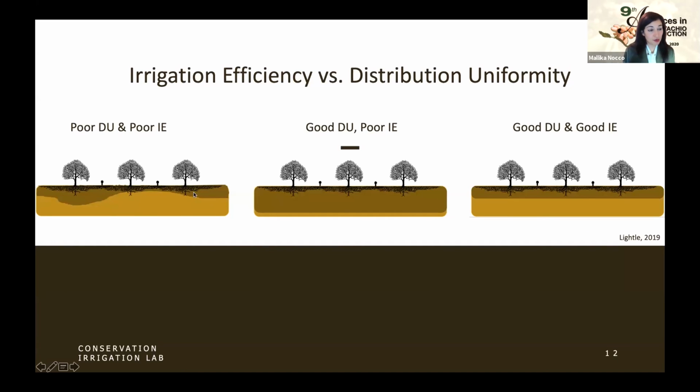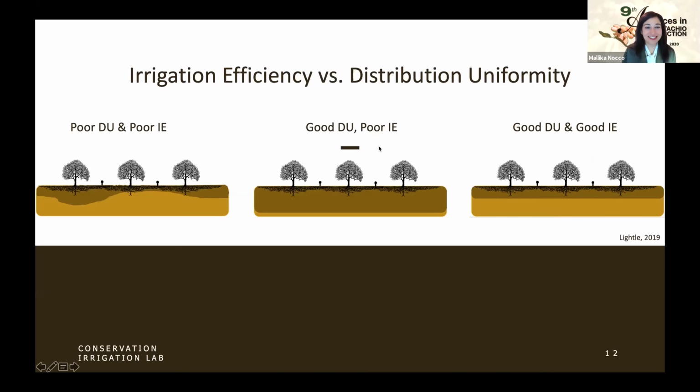And whoever is in control of the system maybe thinks a certain amount is being applied and it's not. So this is what I mean when I say that if distribution uniformity is poor over the course of a whole season, there's no way you can have very poor distribution uniformity and end up being efficient. That math doesn't play out.